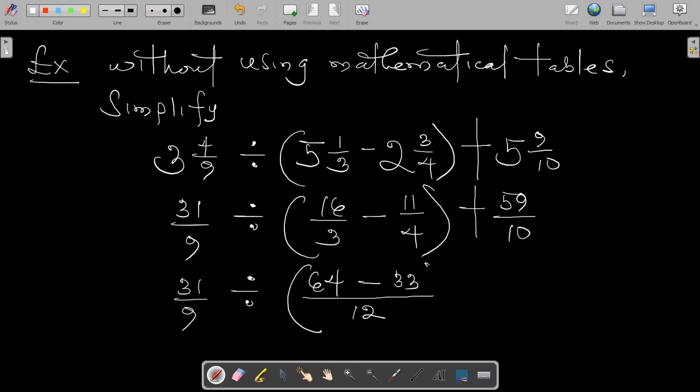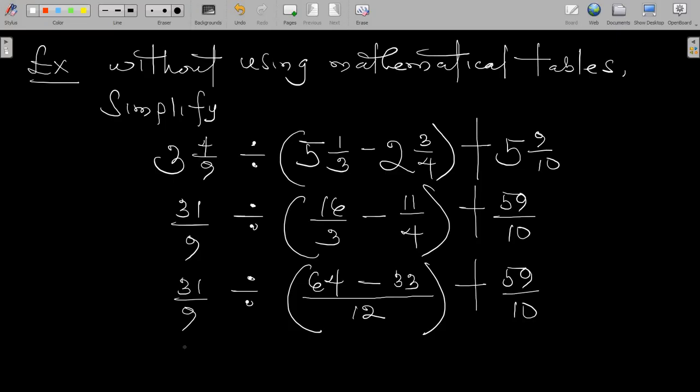Now let me enclose the bracket again, then plus 59 all over 10. So we have 31 all over 9, then divided by, what is 64 minus 33? We have 31 all over 12, then plus 59 all over 10.